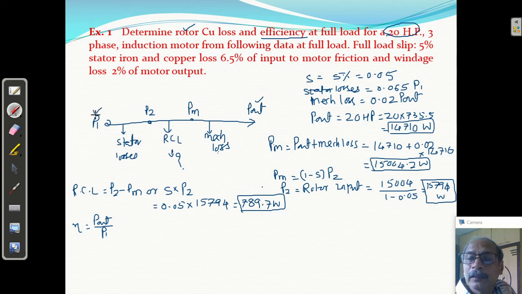So first we will find P1. P1 equals P2 plus the stator losses.